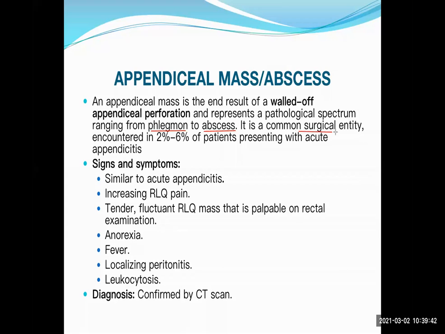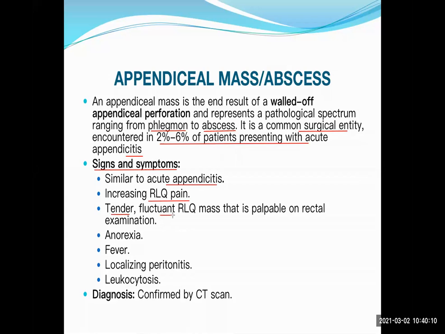So it is a common surgical entity encountered in 2 to 6% of patients presenting with acute appendicitis. Now, what are the signs and symptoms? They are similar to acute appendicitis. All the signs and symptoms, whatever we have discussed till now, are present here also. There is increasing lower quadrant pain, especially in case of abscess, the pain getting more and more. The site is tender.